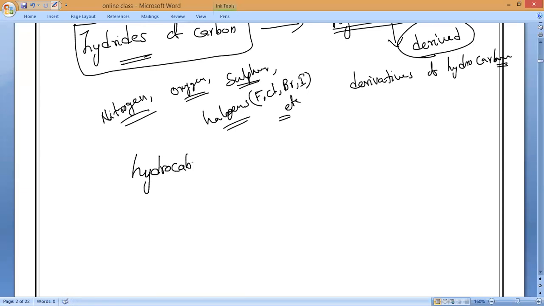So the simple definition of organic compounds: organic compounds are hydrocarbons and derivatives of hydrocarbons, derived by replacing hydrogen. Are you clear, everybody?